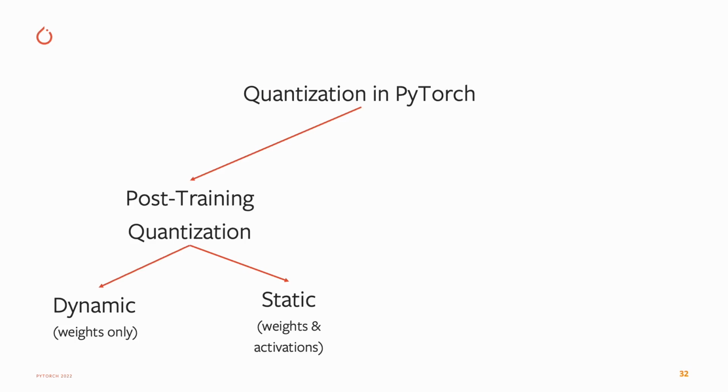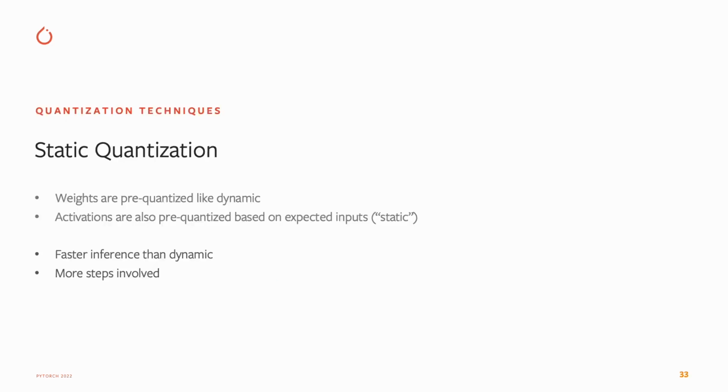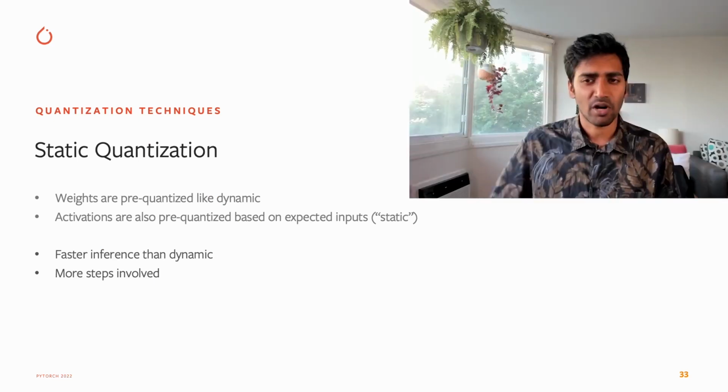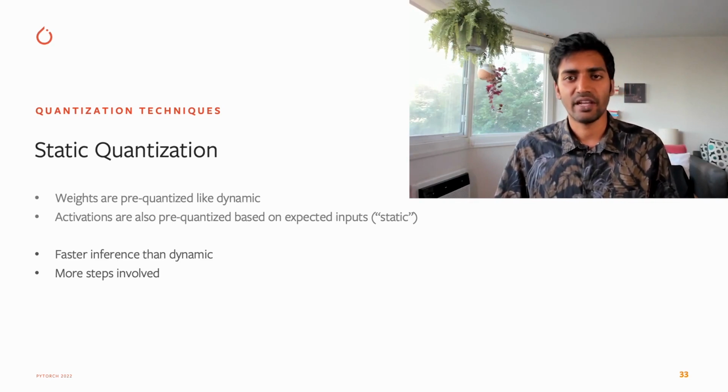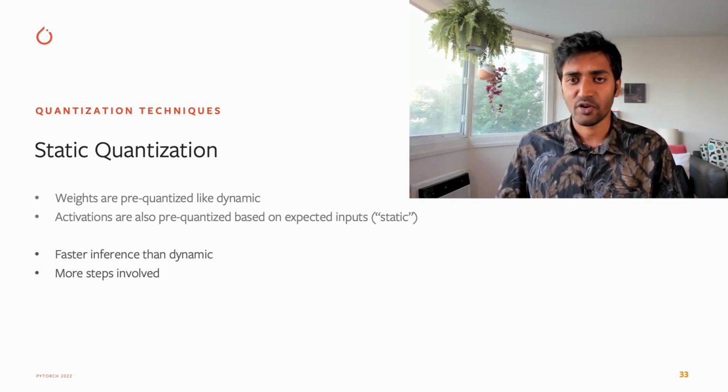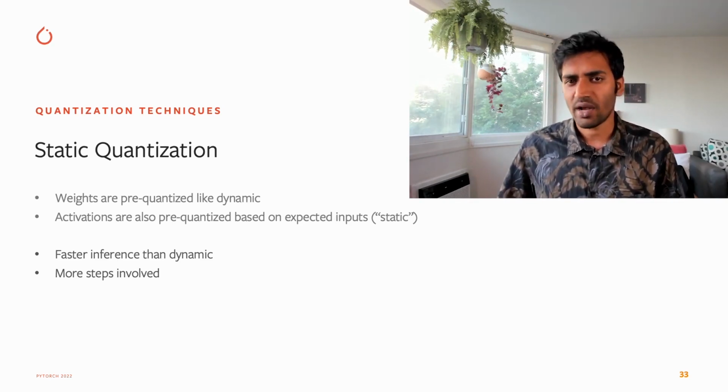In static quantization, it adds one level of efficiency and complexity to dynamic quantization. Here, both the weights and activations are pre-quantized offline. The model is offline, there are no inputs yet, and therefore there are no activations. So how are we really quantizing this?